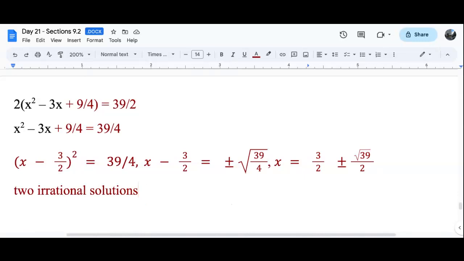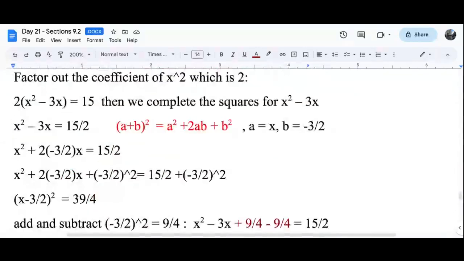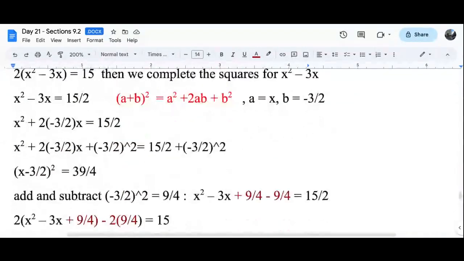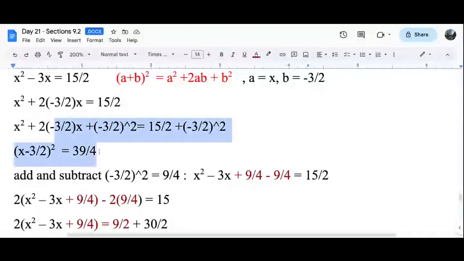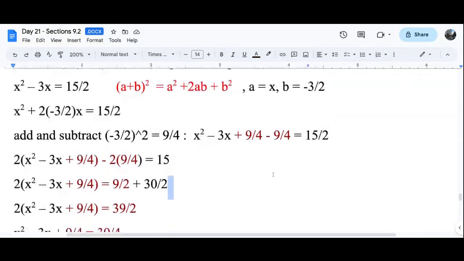Does this make sense? Is any part still confusing? Let me delete something because I have something repeated. Add and subtract on the same side, or add on both sides of the equation. Okay, same thing.